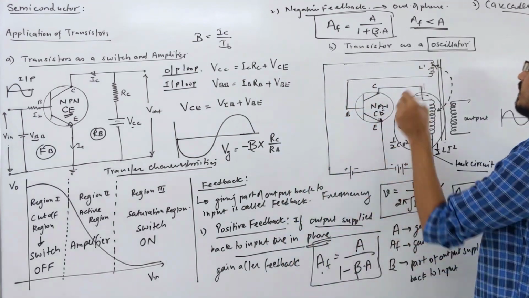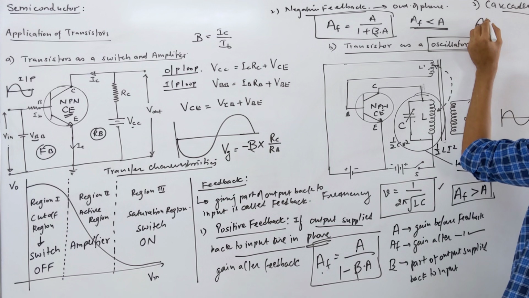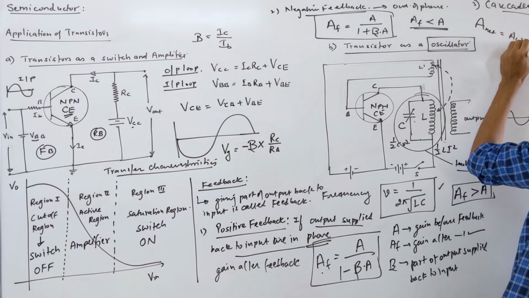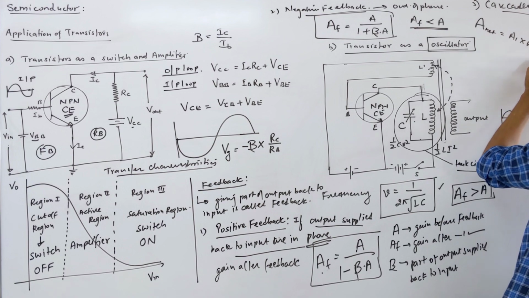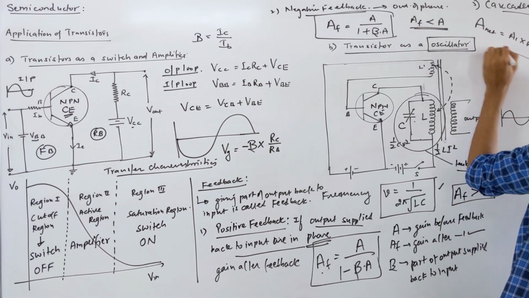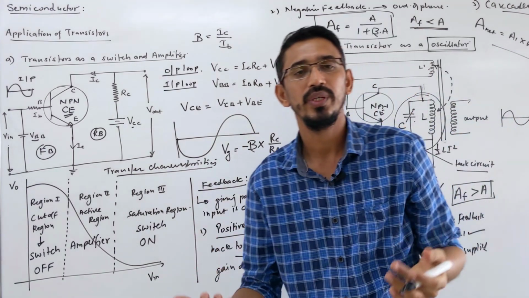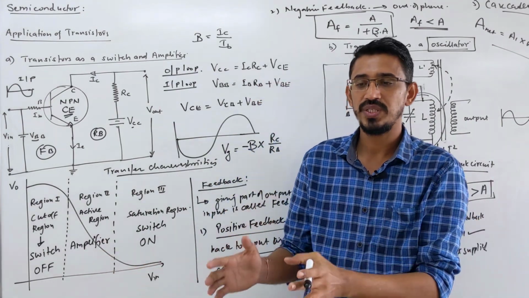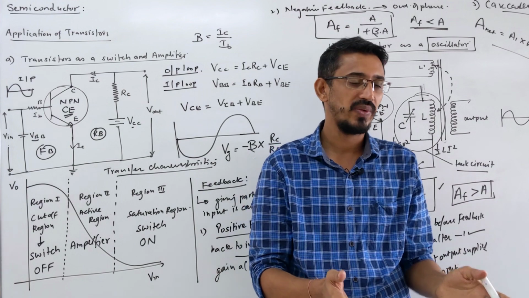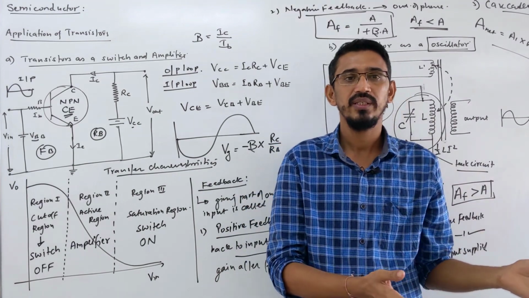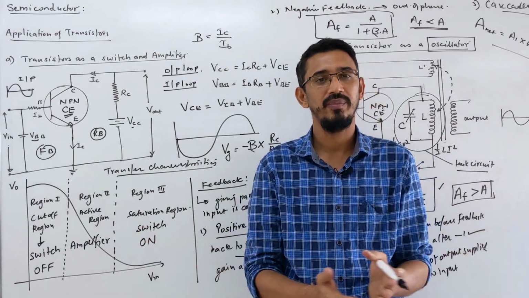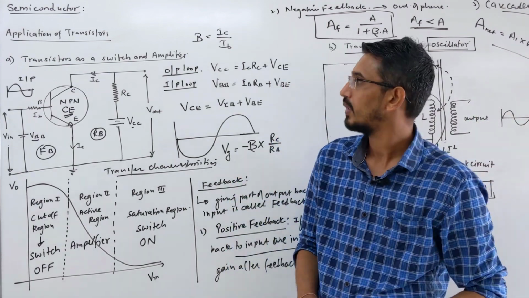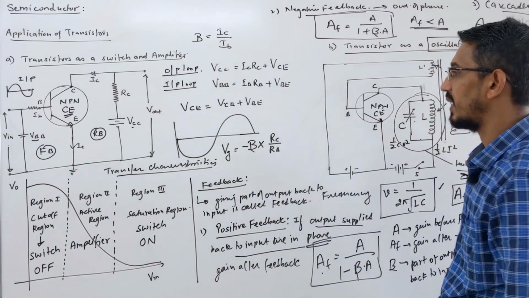So always remember that net gain, A net, is always equal to A1 times A2 times A3. If there are 2 or 3 or 4 transistors connected in cascade, and gain of first is 10, gain of second is 20, then gain of third is something, then what is net gain? You just multiply them, A1, A2, A3. This goes on. So this is the application of our transistor.